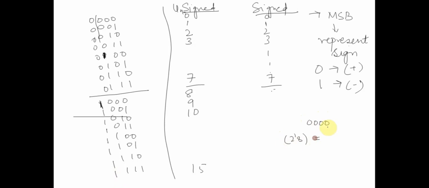The 2's complement is like 1's complement plus 1. 1's complement is nothing but inverting all the digits, plus 1. So 1 plus 1 is 0 with a carry of 1, 0 with a carry of 1, 0 with a carry of 1, so this will be all zeros. Correct? Are you guys with me right now?